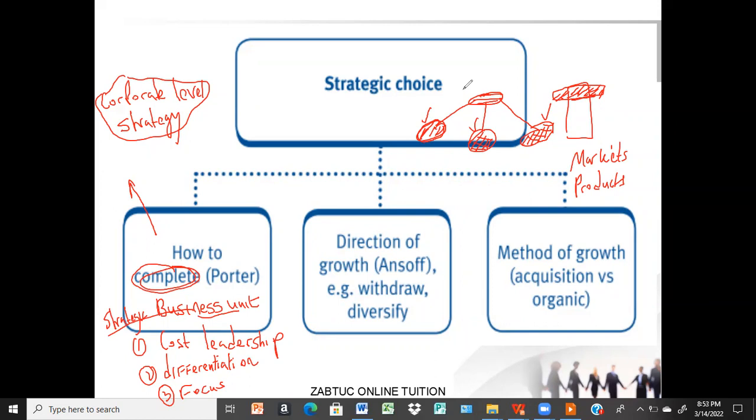Corporate level strategy involves building an effective, profitable group of companies. It involves identifying business areas where you can invest. You decide on the strategic business units, SBUs.